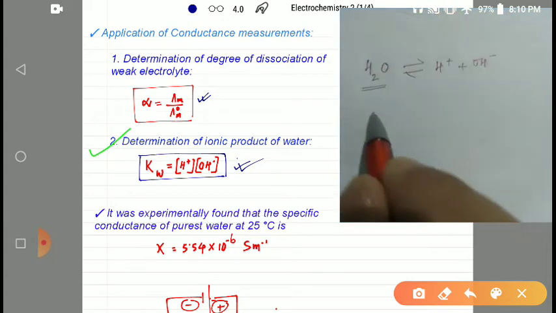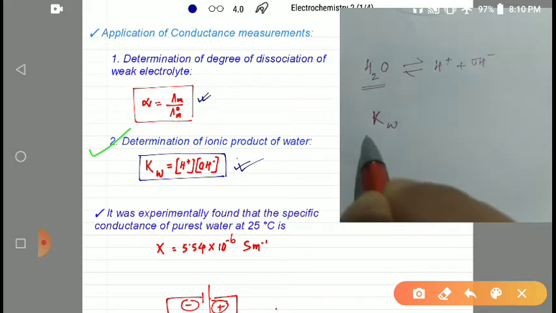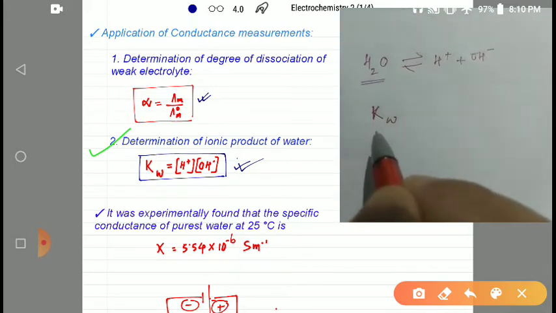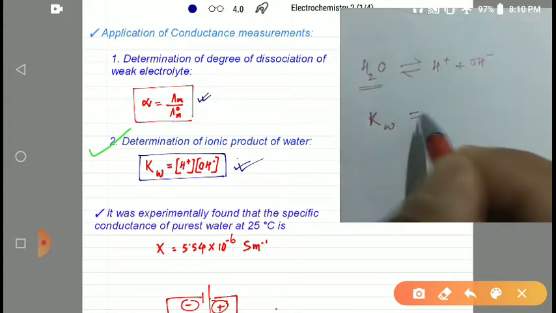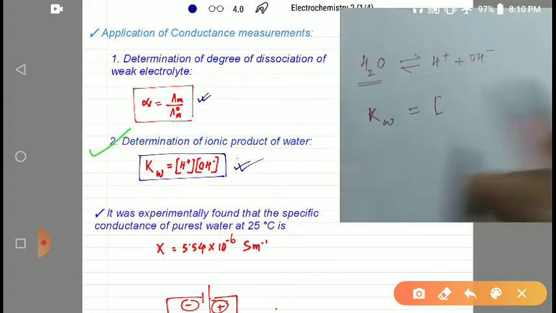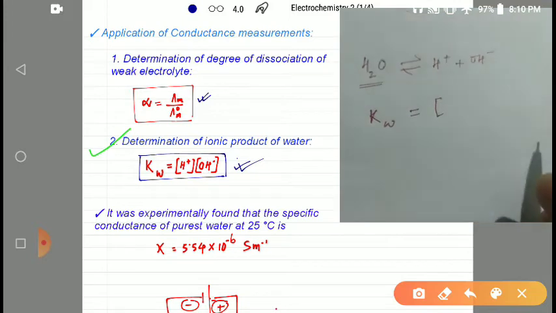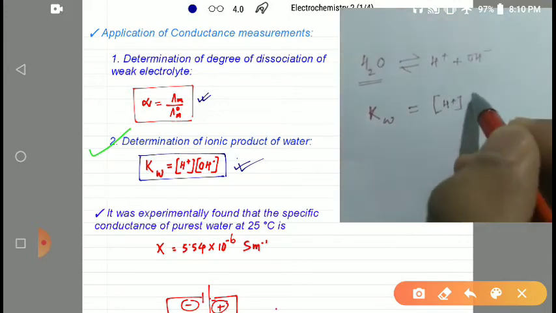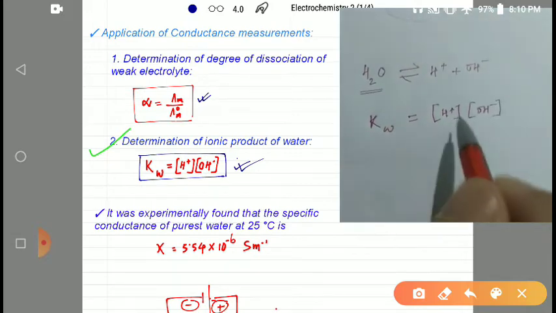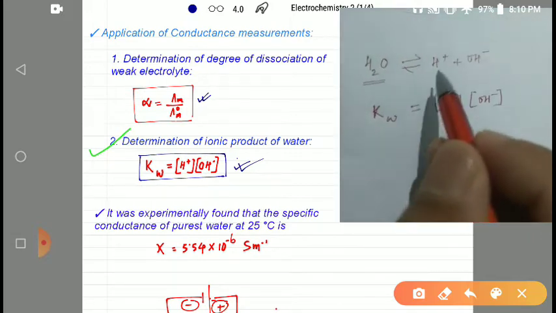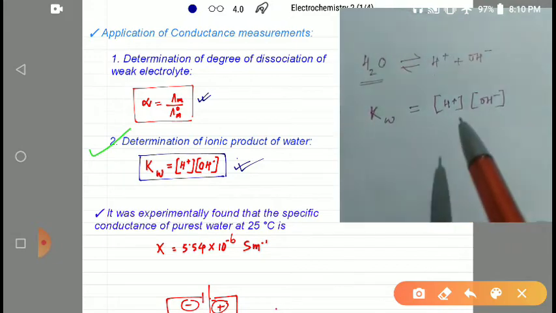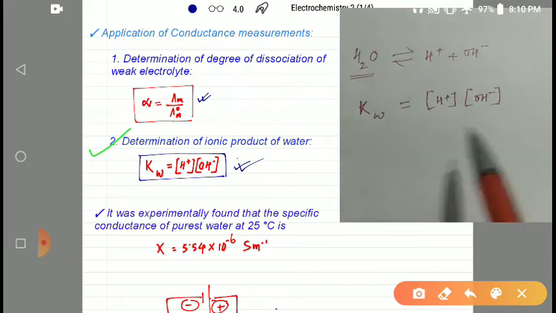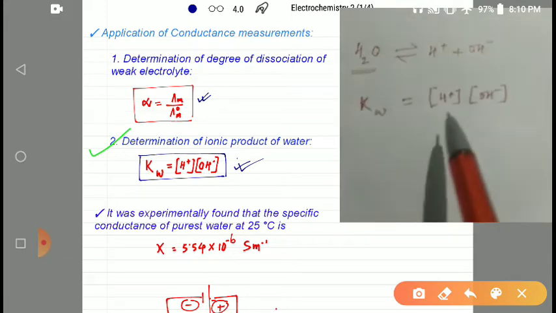So the ionic product of water, Kw, is equal to the product of the concentrations of their ions. The ions will be H positive and OH negative in water. This is the definition of the ionic product of water. Now we have to calculate this one.